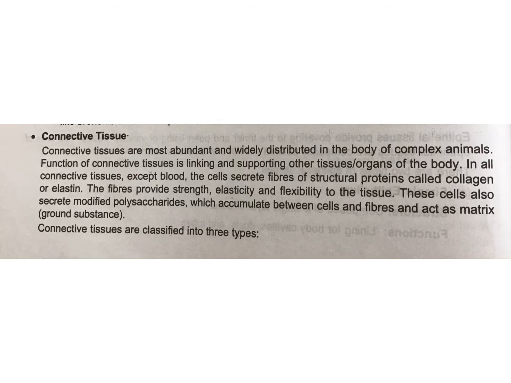Here I have shown you how to write down point wise. Here we are describing connective tissue in general, and the classification into three types we have done. Let us talk about them.